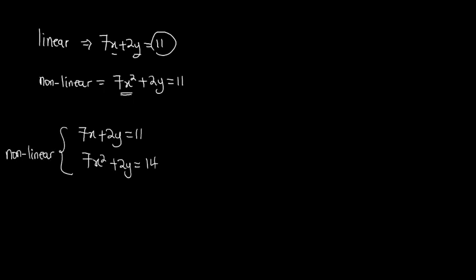It's non-linear because the second equation has an x squared term. Because it has an x squared term, if we want to solve this, we need to solve it via the substitution method of solving simultaneous equations. So we need to use the substitution method.